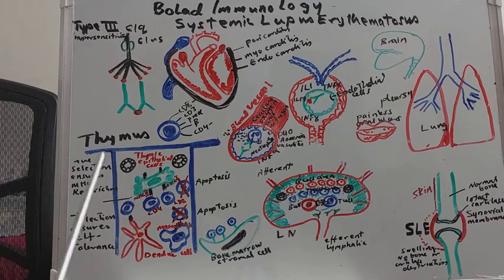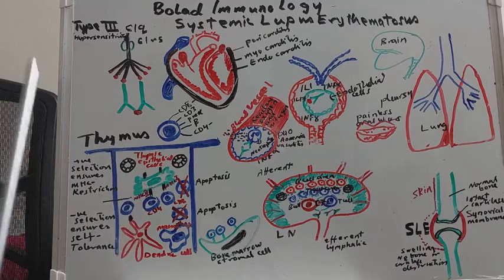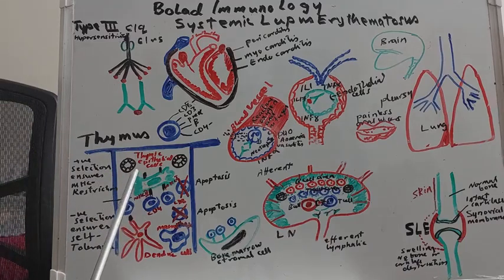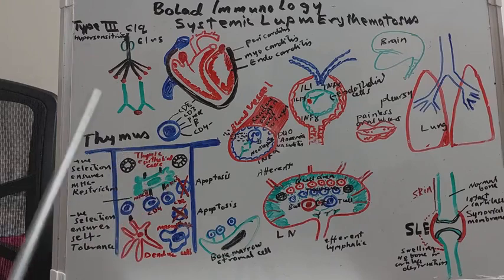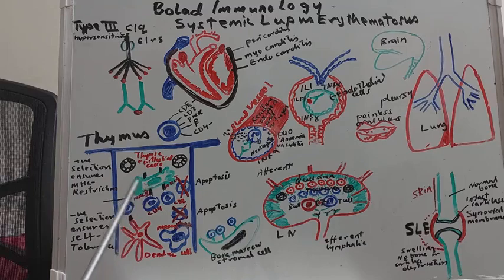And this is known as positive selection and ensures major histocompatibility restriction. So in the future they should interact with non-self or with pathogen in association with major histocompatibility. Now this is the first lesson.